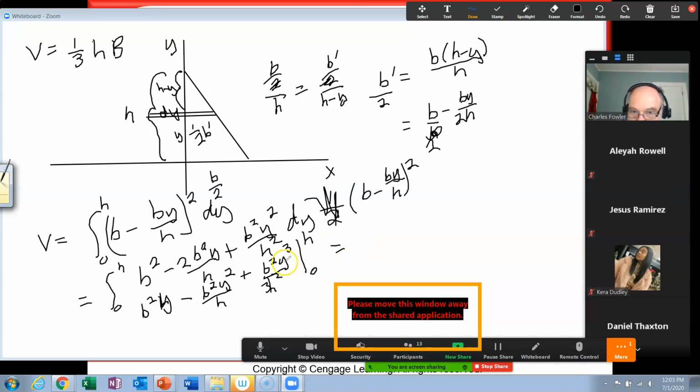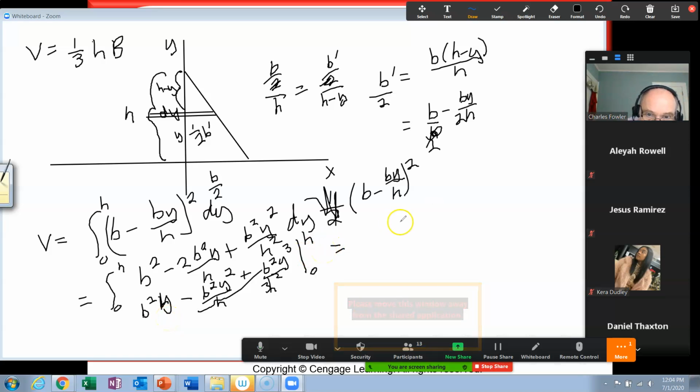All right, so you put it, oh, yuck. That's not in there. Just pretend it's not there. When you put an h in for the y here, that gives you b cubed. The first term is a b cubed.